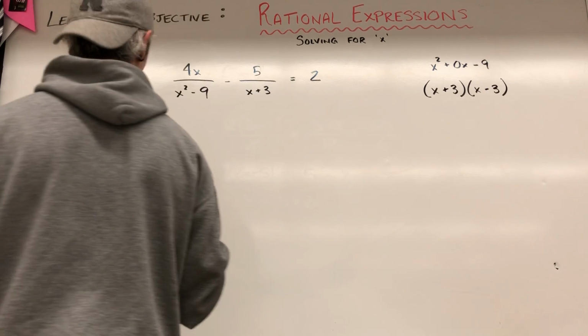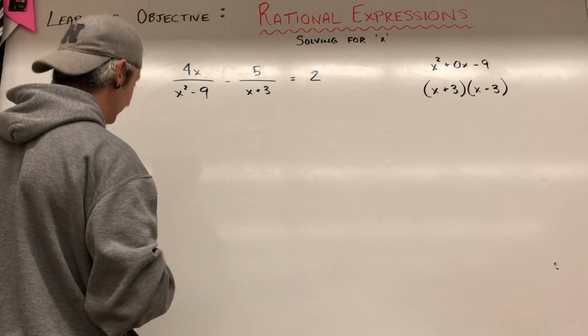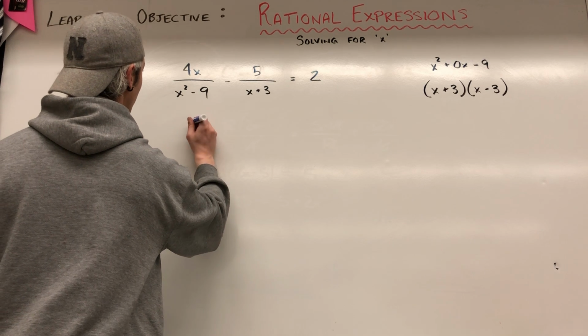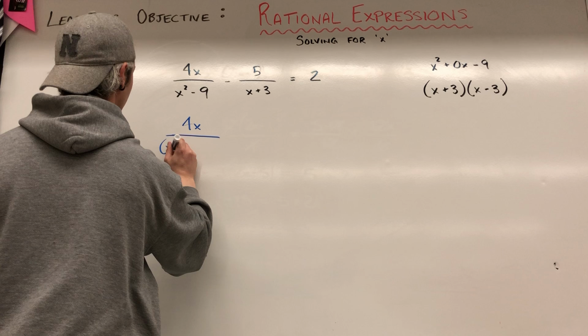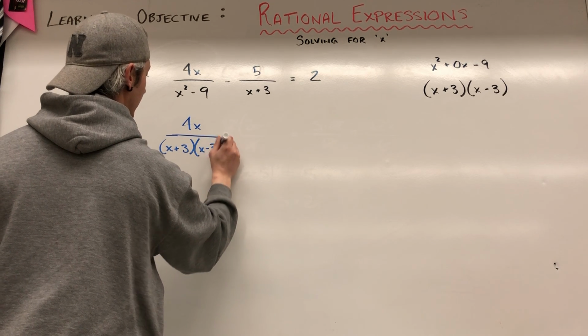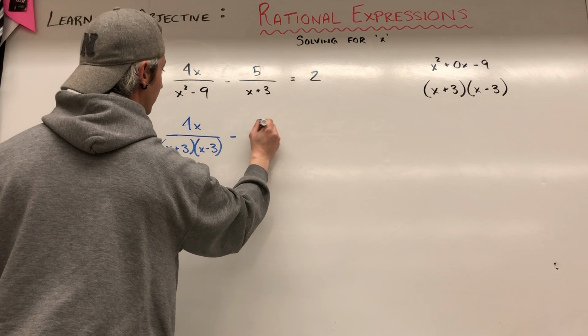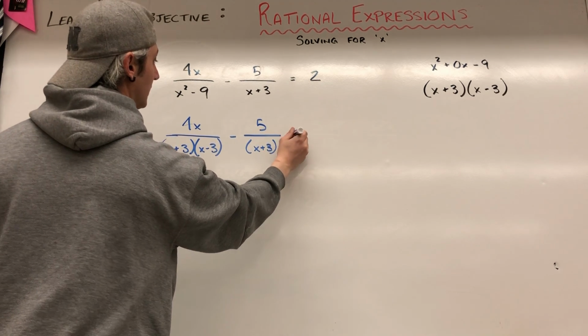So let's rewrite it now in its factored form in a nice, beautiful ocean blue color. 4x over x plus 3 times x minus 3, minus 5 over x plus 3, is equal to 2.